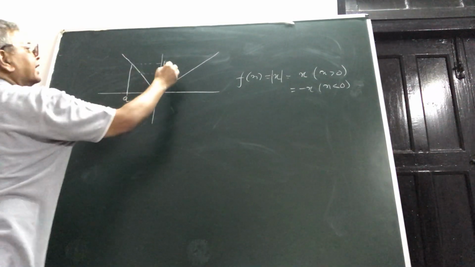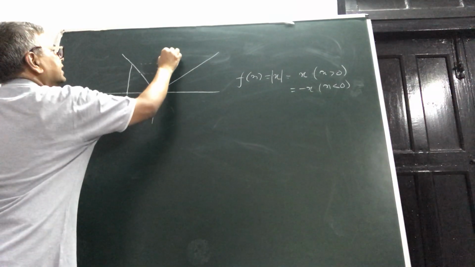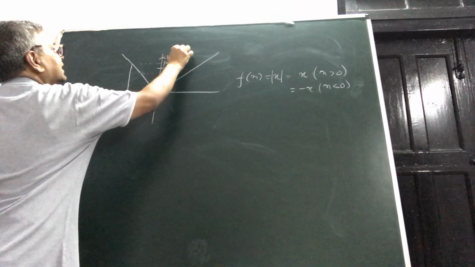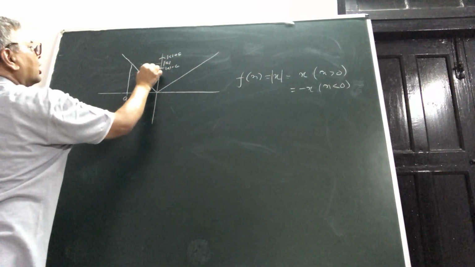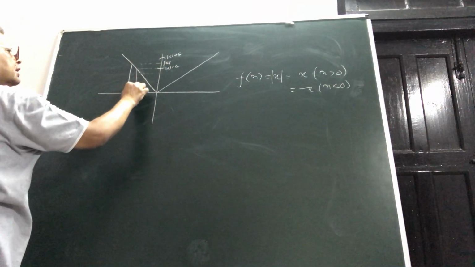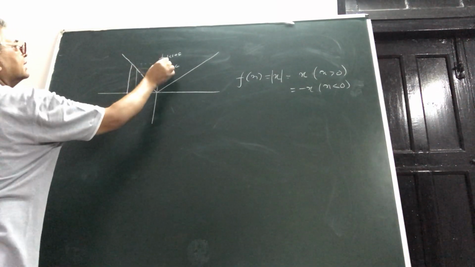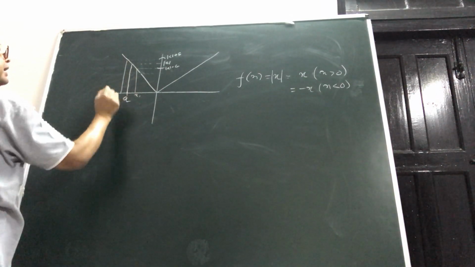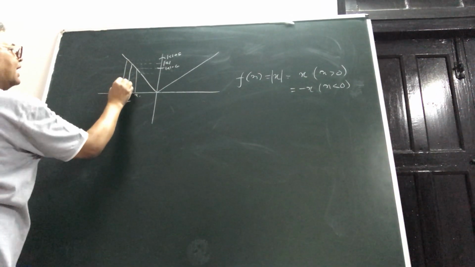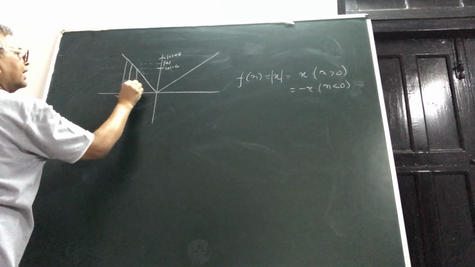So what you will do is first take an epsilon neighborhood of this point. This is mod A plus epsilon, this is mod A minus epsilon. You will draw lines corresponding to these. Take some other point, say x1, and then take a point corresponding to this, say x2, and let the corresponding distances be delta 1 and delta 2.